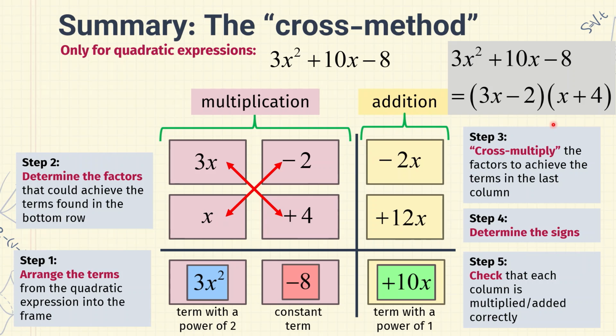I want us to think about how else we could check whether our factorization is correct or not. Think about what factorization actually meant when I introduced this topic. Earlier on, we said that factorization is a reverse process of expansion. With that in mind, how could I check that my answer over here is actually correct?